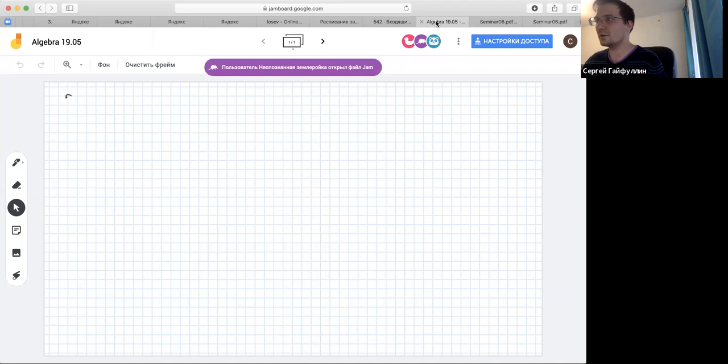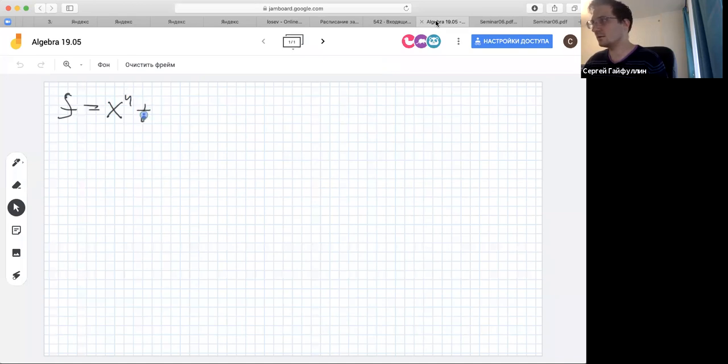The first one is f equals x to the fourth plus 2x to the third minus x squared minus 4x minus 2.